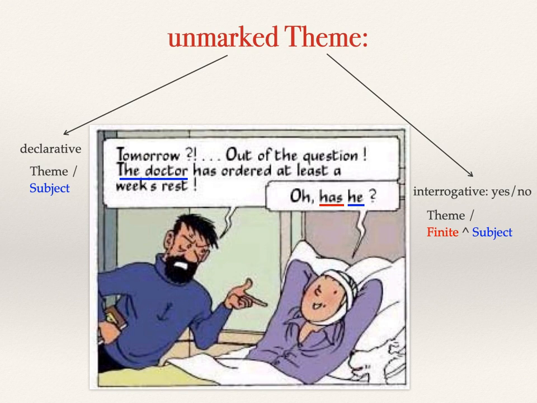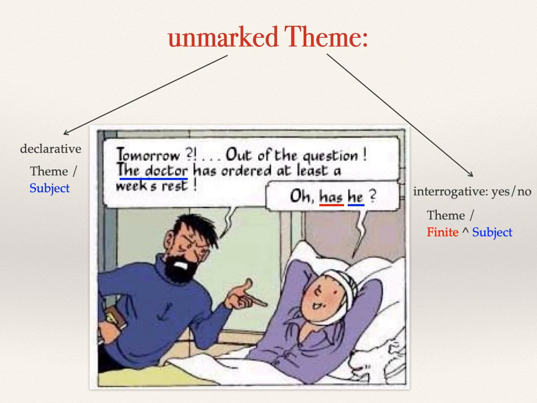And you can see how cleverly English has evolved to make this crucial distinction between declarative, theme unmarked topical subject, and interrogative yes-no, interpersonal theme finite, followed by unmarked topical theme subject. So in other words, has he?